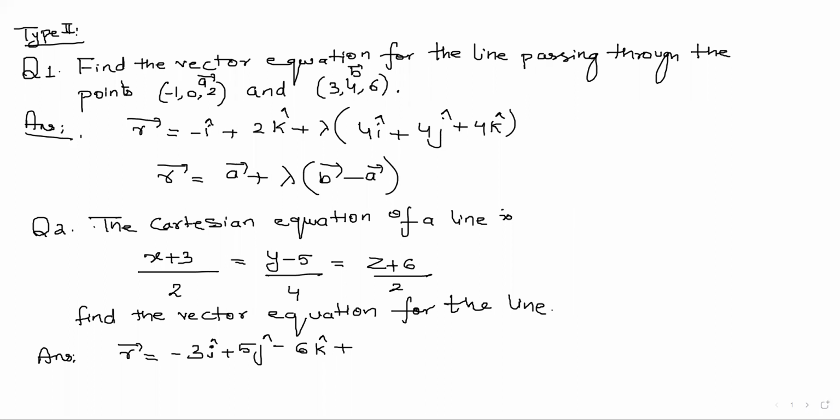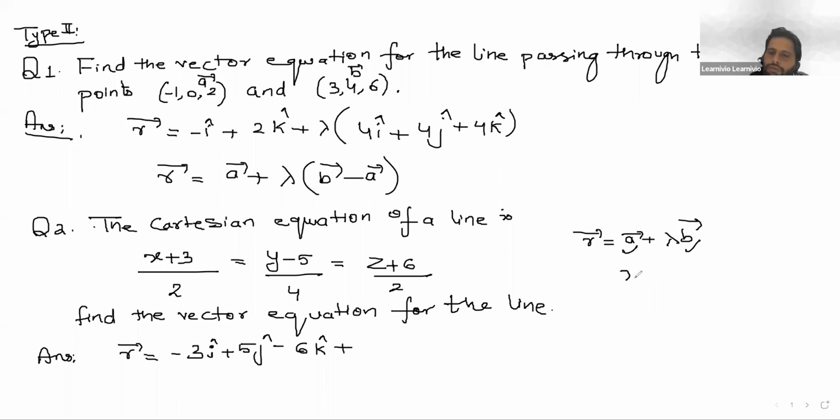Yes, sir. I'm getting minus 3i plus 5j minus 6k plus lambda 2i plus 4j plus 2k. Very good. Please check here. We have this formula, this is the type first, r is equal to a plus lambda b. a is a vector through which the line is passing and it is parallel to b.